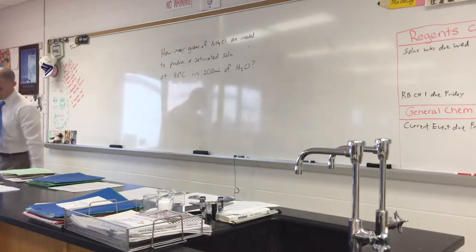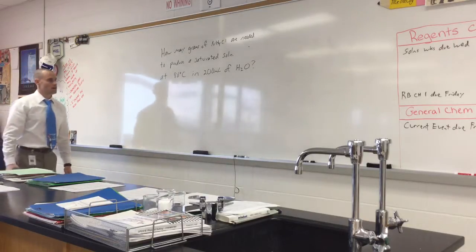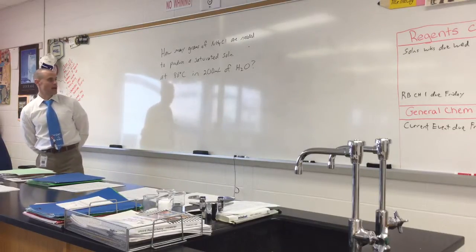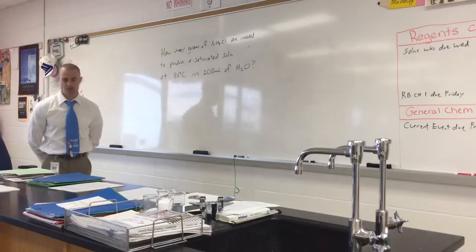You should be able to answer this before the bell rings. How many grams of NH4Cl are needed to produce a saturated solution at 86 degrees in 200 milliliters of water?